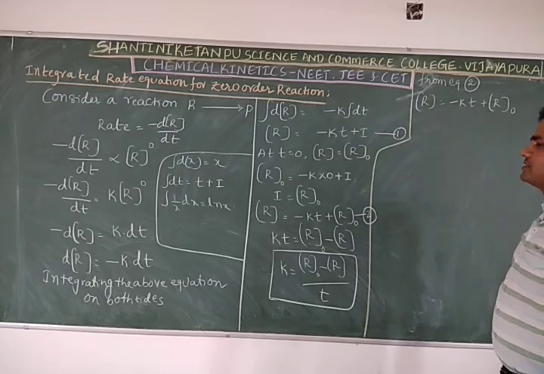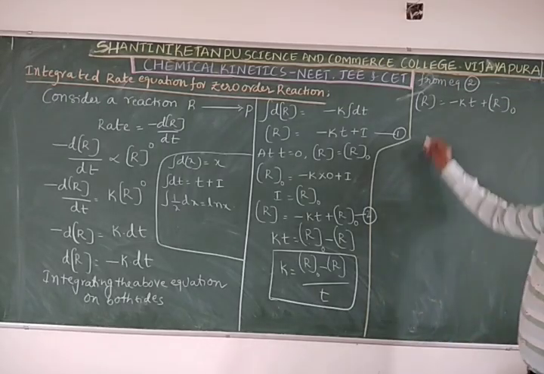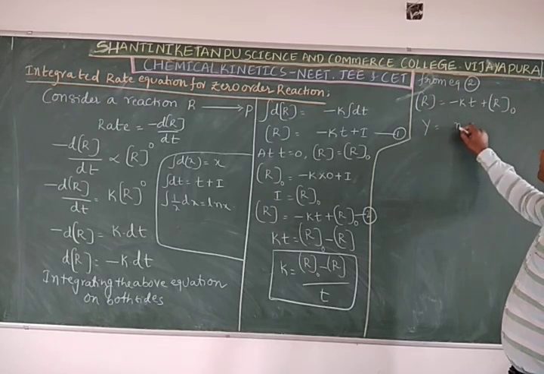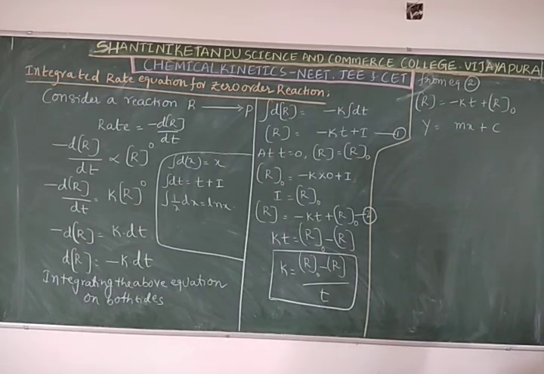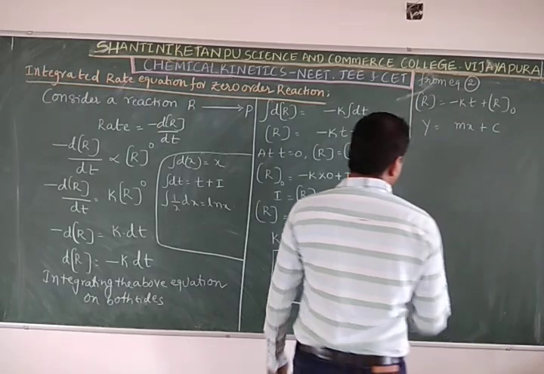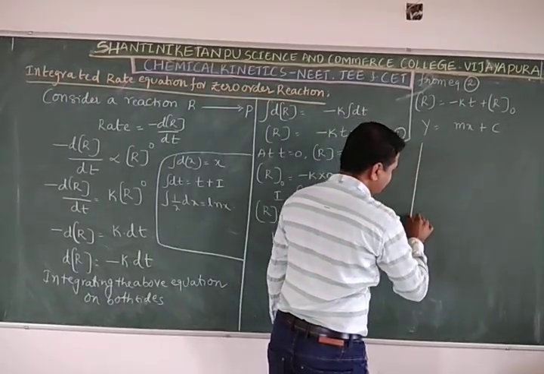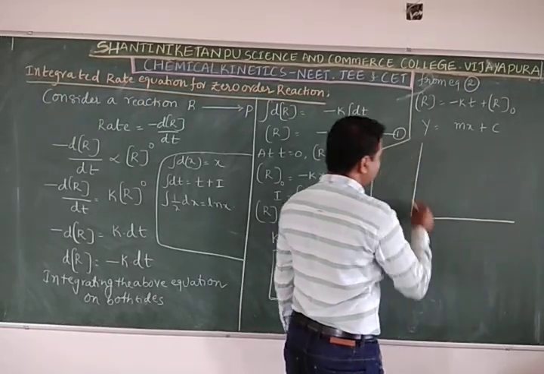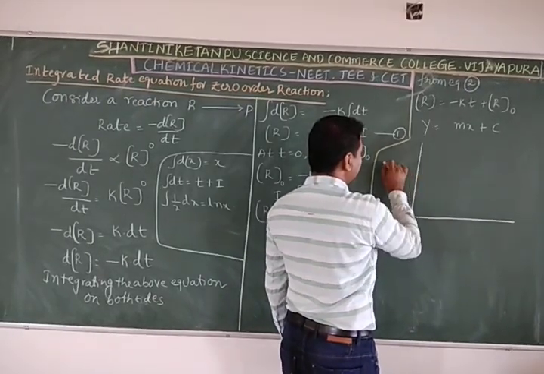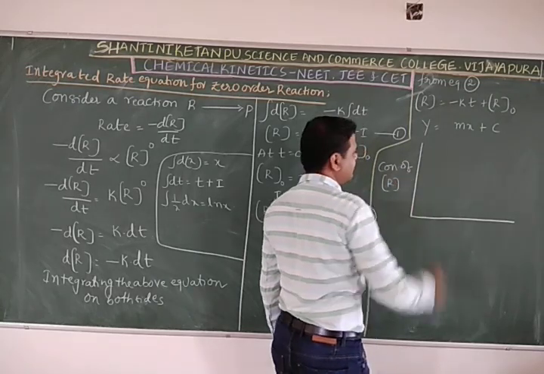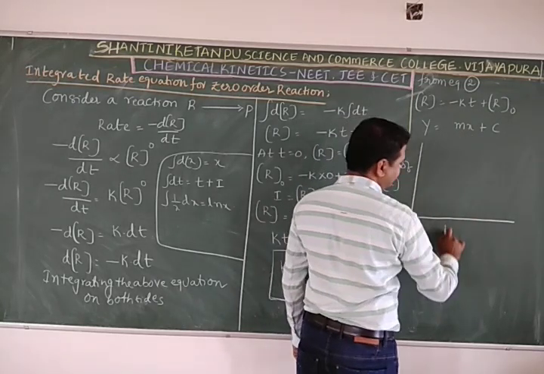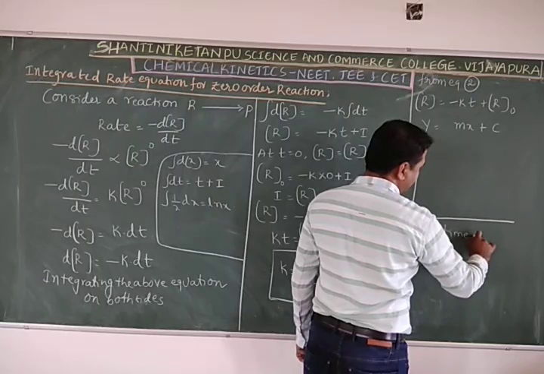Now this equation is in the form of y is equal to mx plus c. So now I am taking the y and x values. The y value is the concentration of R, and the x value is time t.